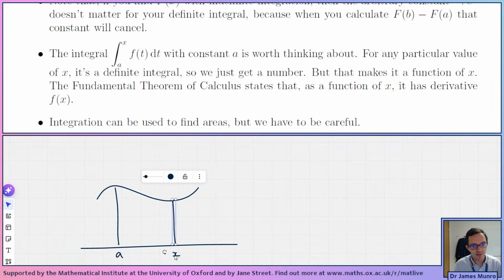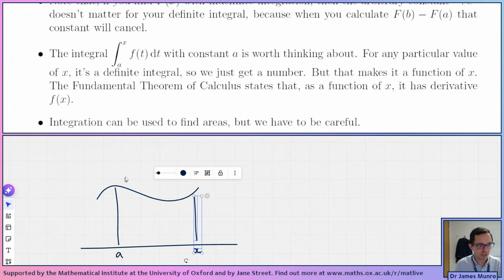If you do that, then as you change x, you get different areas. I guess as I increase x, I get more and more area for this positive function in this nice easy world, I suppose. More area because I'm increasing x.